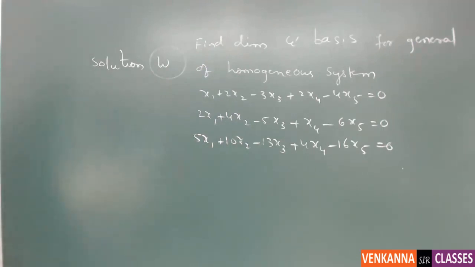In other words, we consider all possible values of x1, x2, x3, x4, x5, which are the solutions of this simultaneous system of equations, and for that 5D vector system, you are going to find the basis and the dimension. Okay? Any doubts? Is the question clear?